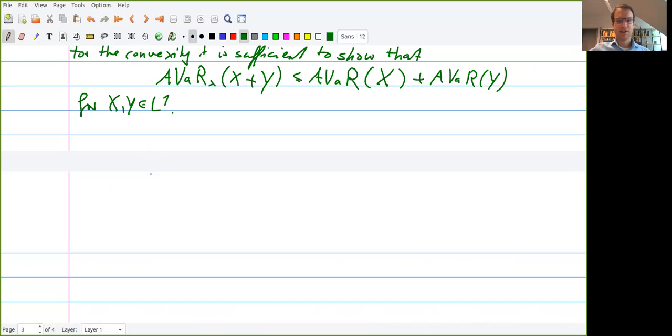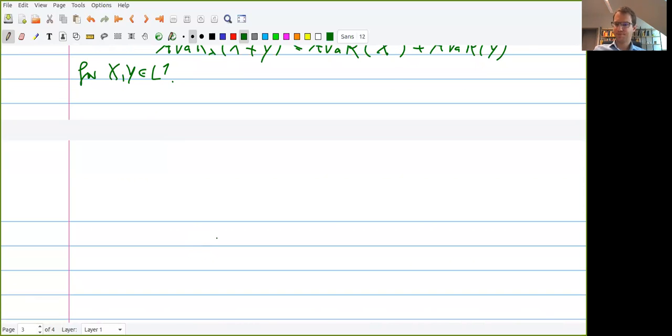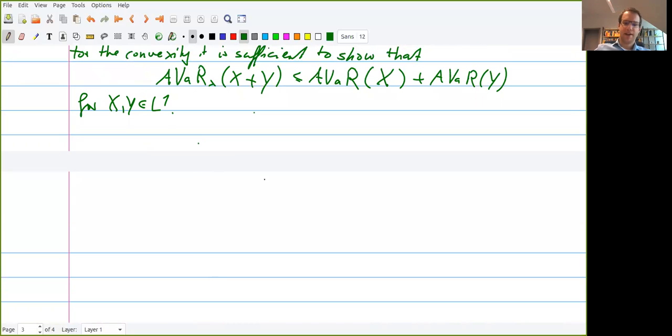As in the proof we have seen before, to verify such a property, it's helpful to choose the most suitable representation to get this property. So, okay.